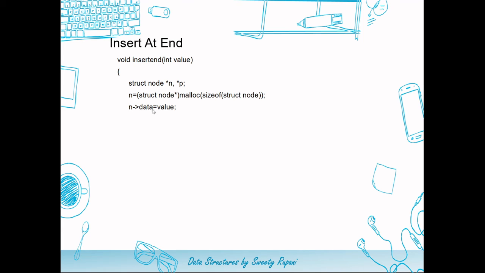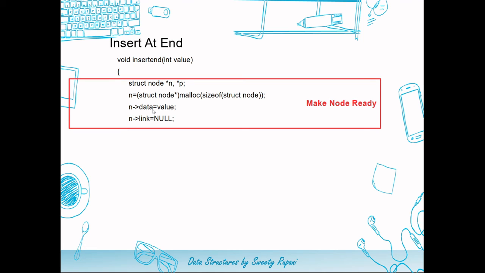We are going to move a data value inside that data field, and we are going to initialize the address field with a null value. Now once our task is done, we say that our node is ready. I took an extra pointer p in order to traverse from the first node till the last node, so that we can attach it to the last node.